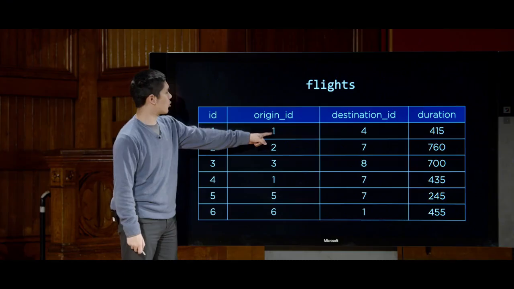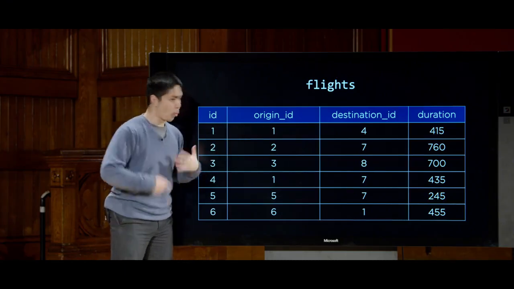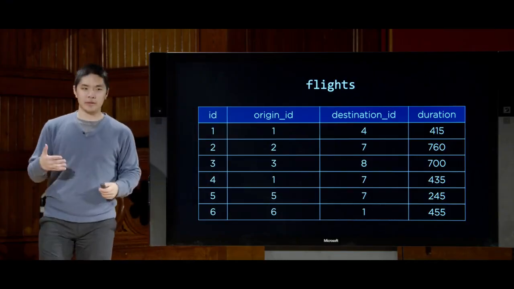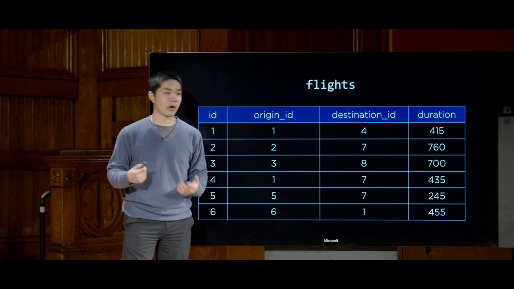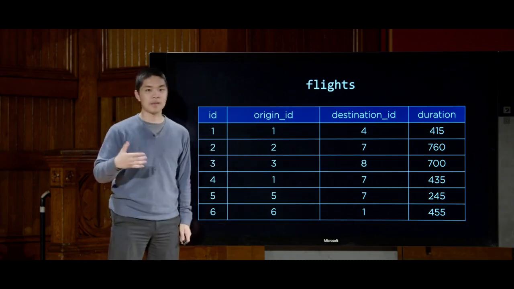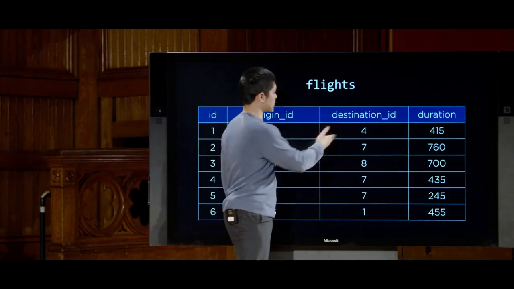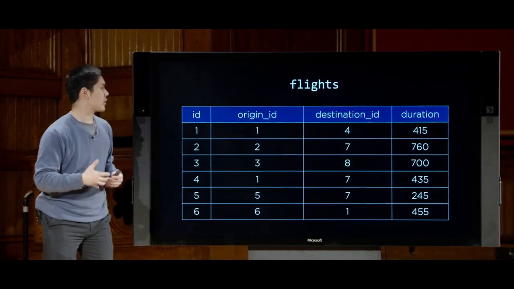Origin ID 1 means the origin of flight 1 is whatever airport number 1 happens to be. I could go to the airports table, look up which airport has an ID of 1, and that would tell me the origin of this flight. And if I looked up which airport had an ID of 4, that would tell me the destination of this flight as well.